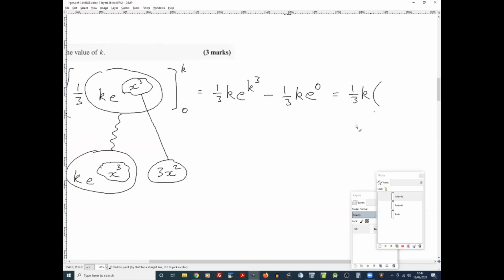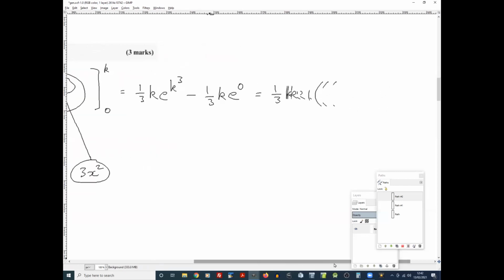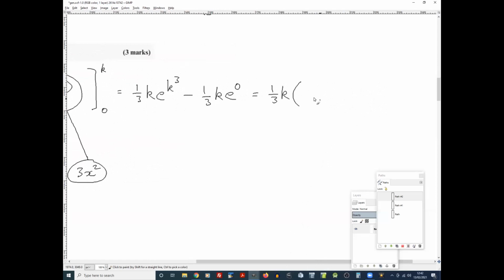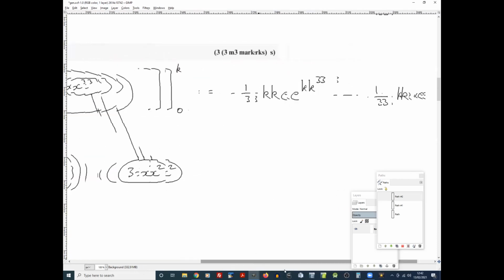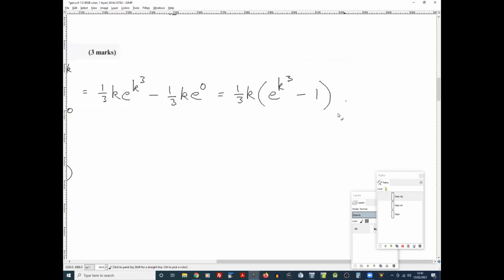And inside we would have e to the k cubed minus 1. Good. And now we use the information that that's got to be equal to 2/3 e to the 8 minus 1.